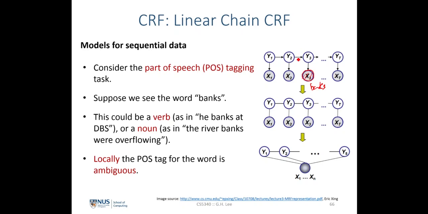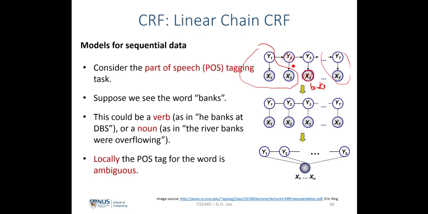So in this case, since we are conditionally independent of all the other observations upon observing this particular one, this means that we are only looking locally at this observation as well as the previous latent random variable.